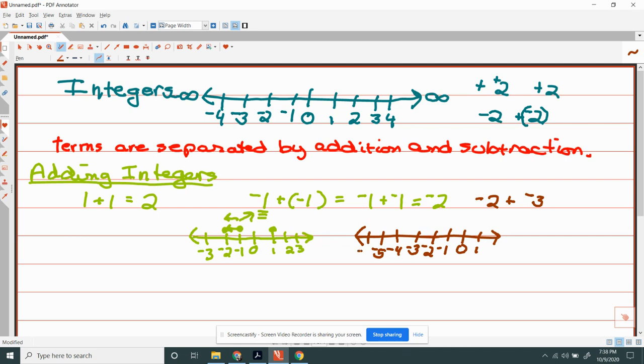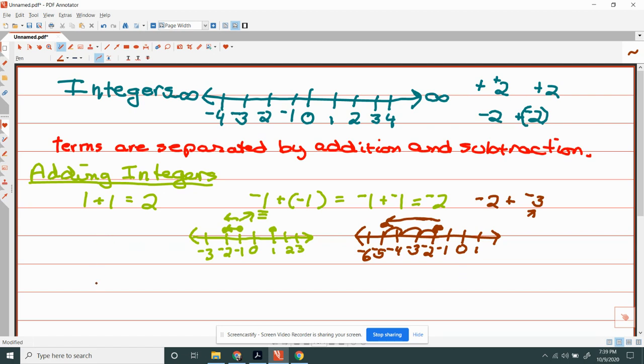Let's squeeze in negative 6. So we start out at negative 2, which is right here. Now we're going to add negative 3. Well, subtracting or taking the negative something is always going to the left. How many units to the left? 3 units. 1, 2, 3. Which means that negative 2 plus negative 3 is negative 5.